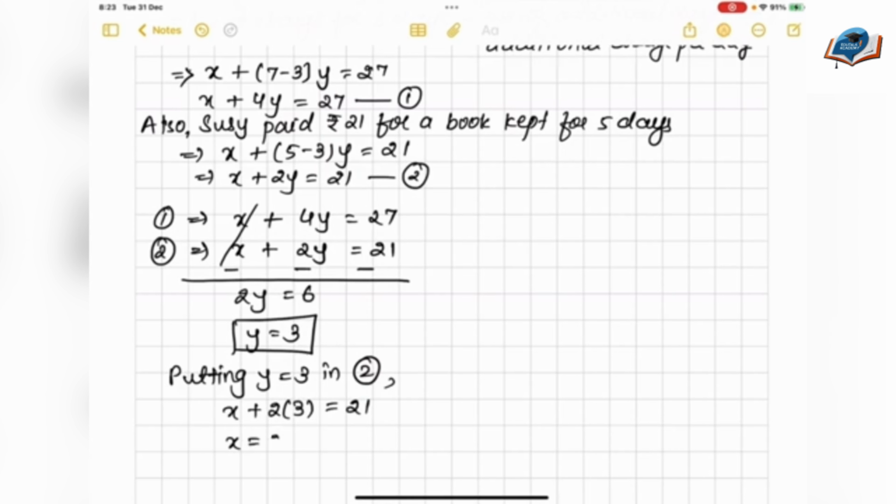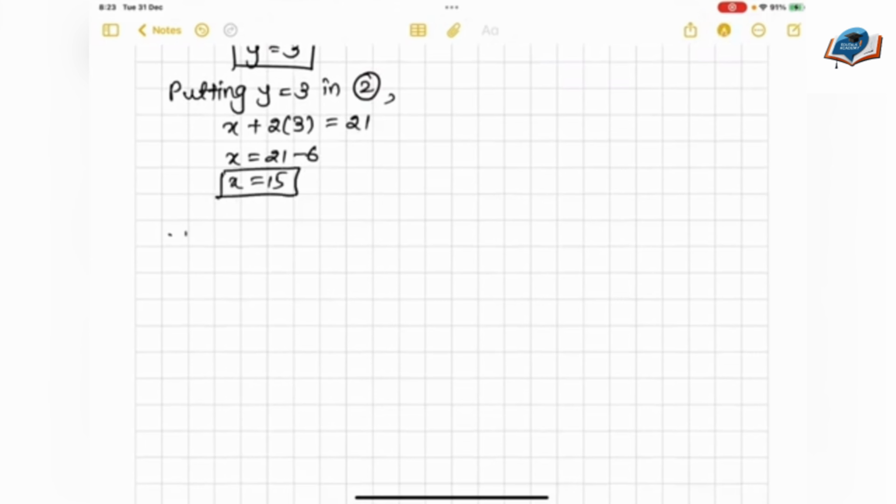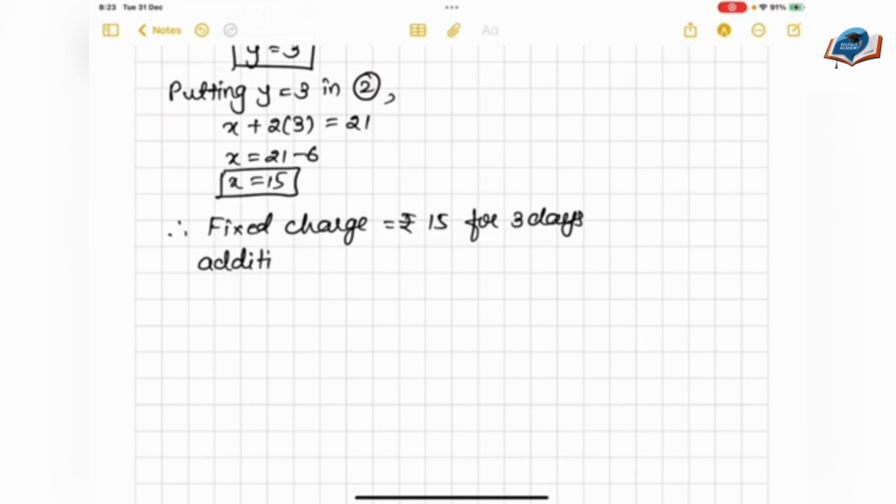So x equal to 21 minus 6, so x will be 15 rupees. Therefore fixed charge is rupees 15 for 3 days and additional charge per day is y, which is equal to rupees 3.